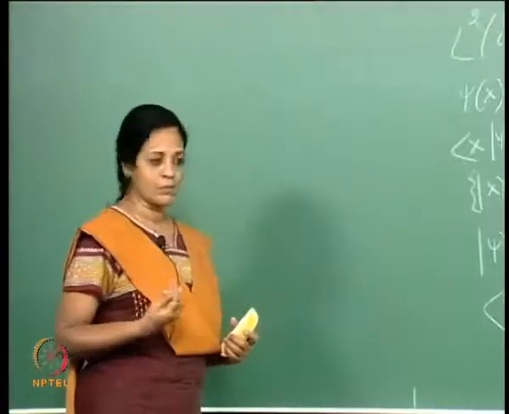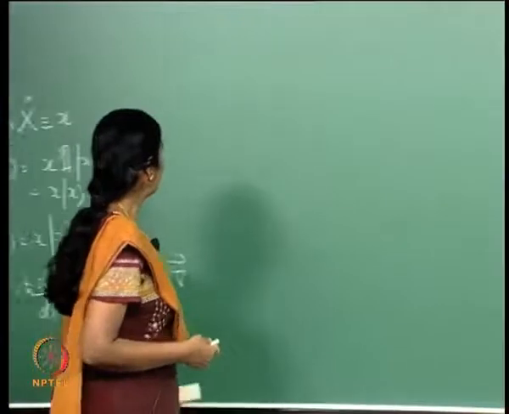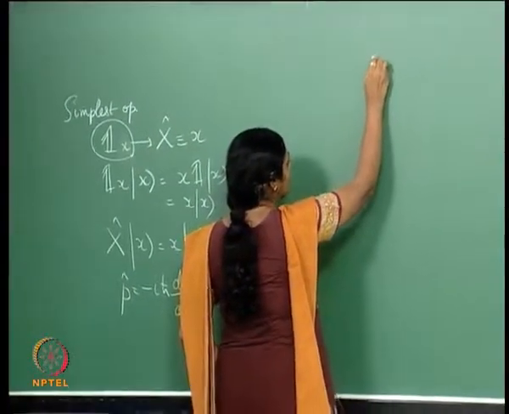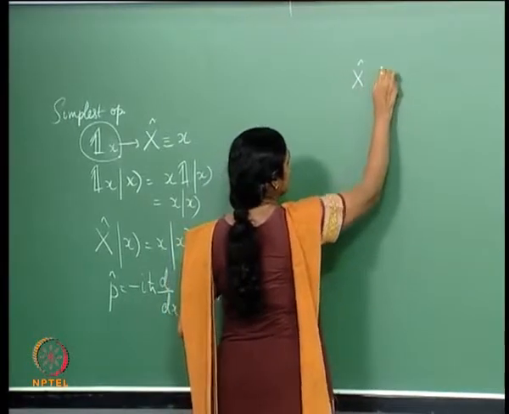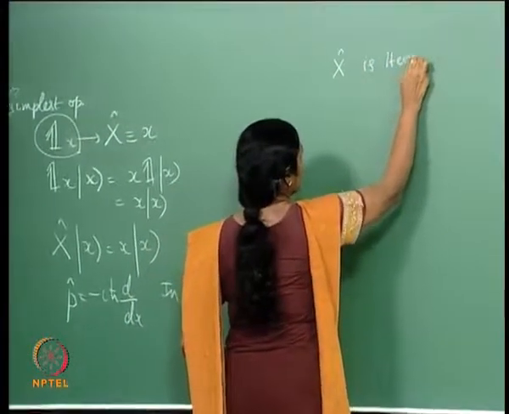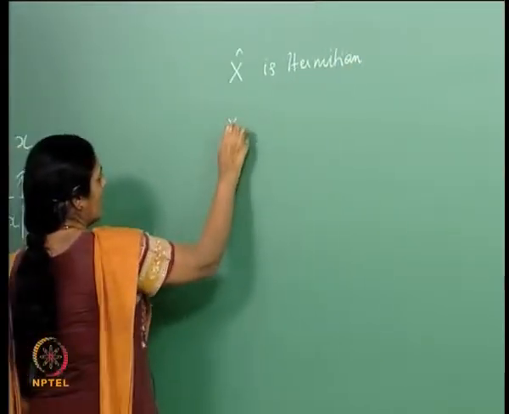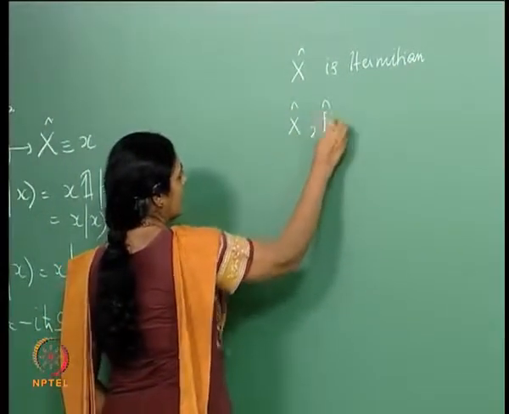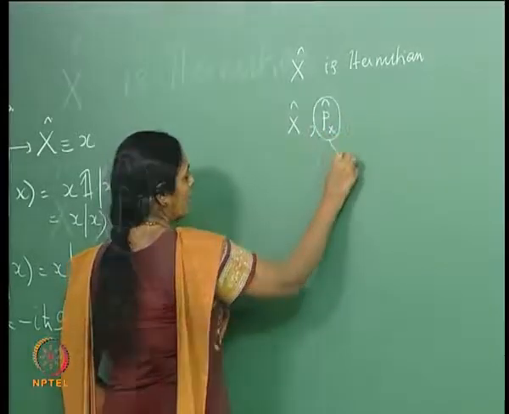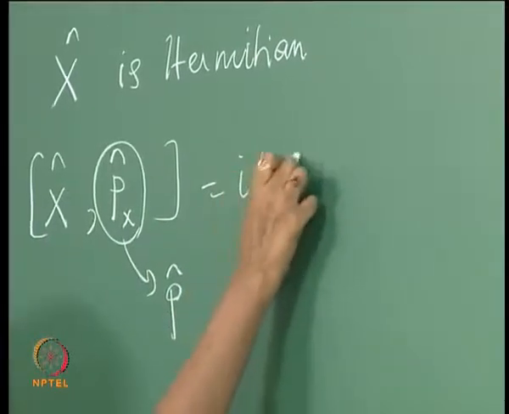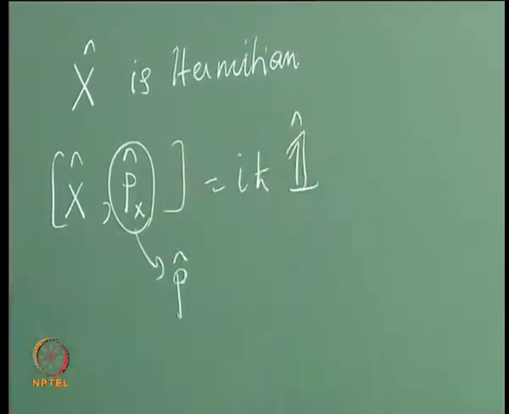This is a point we got up to last time. Now, let us look at the commutator. Now, x is Hermitian because it is essentially the identity operator, and I have the commutator of x and p sub x. I am going to just denote this by p for the moment, is i h cross times the identity operator, and that is Hermitian.